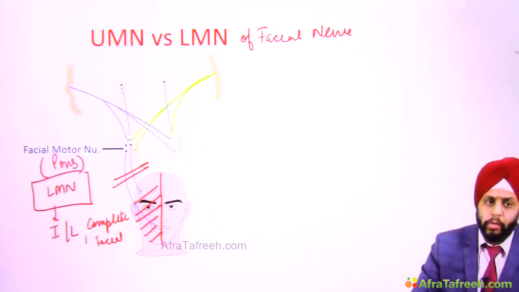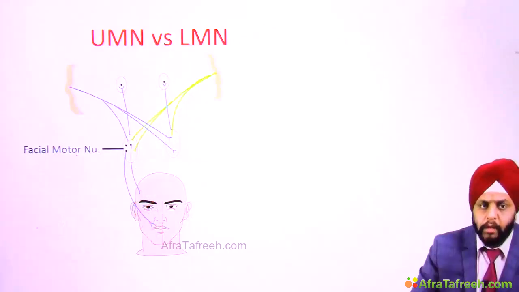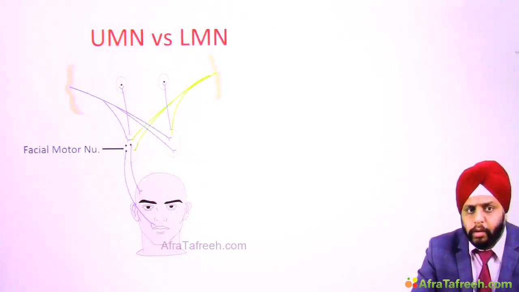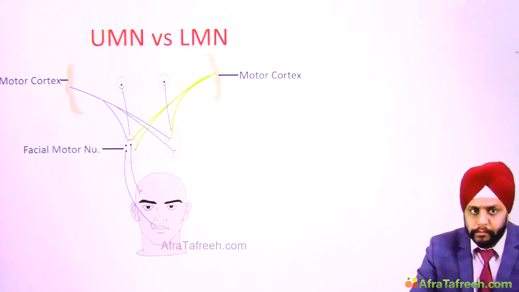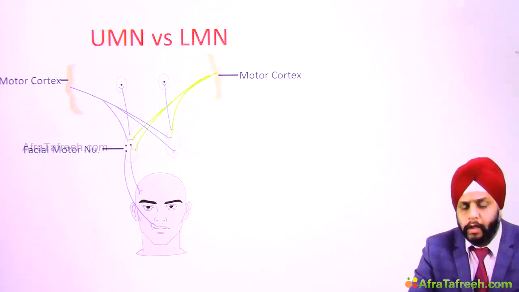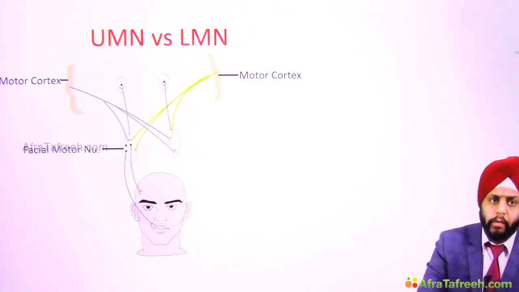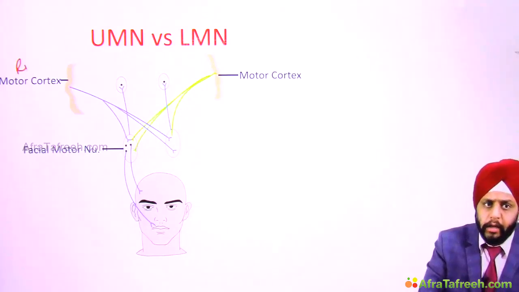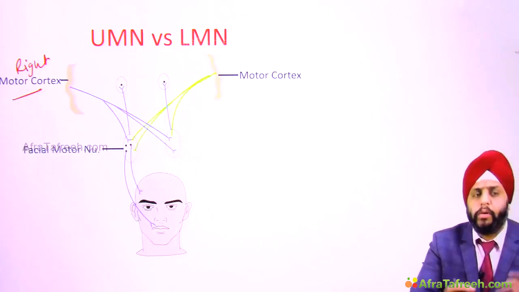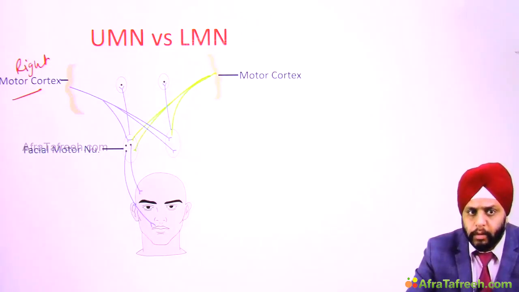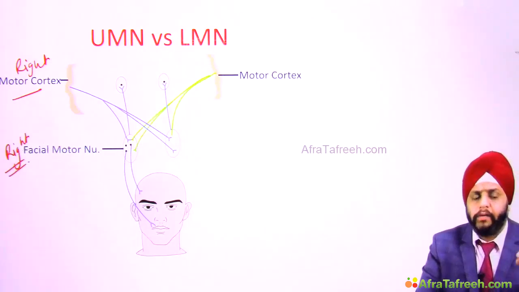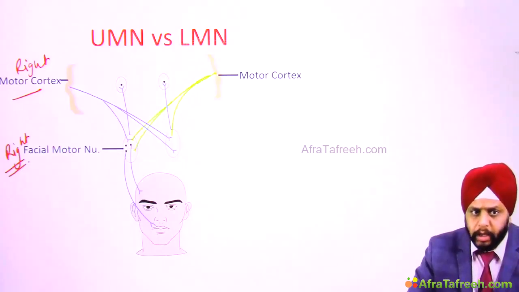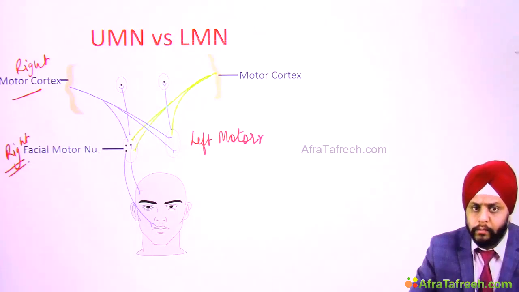Now let's go to the upper motor neuron region. This facial motor neuron is under the control of the motor cortex. Let's say this is the right side, let's look at the right motor cortex. This is the right side motor nucleus, and this is the left side motor nucleus.